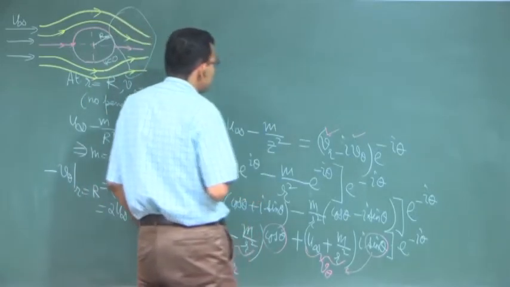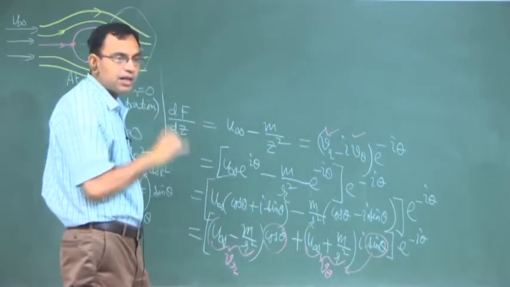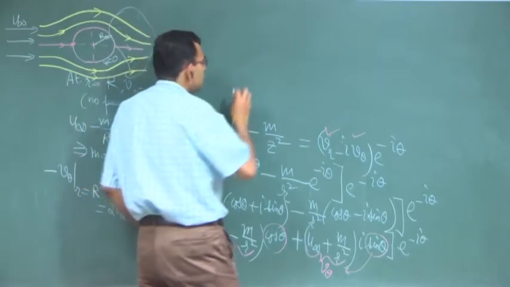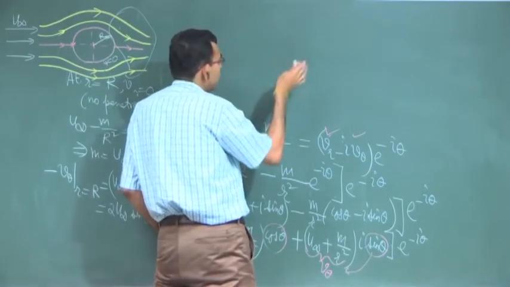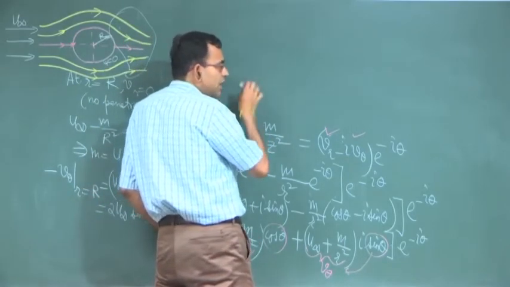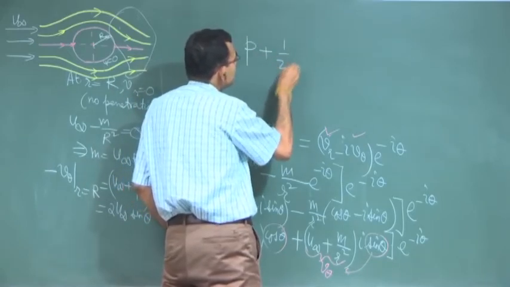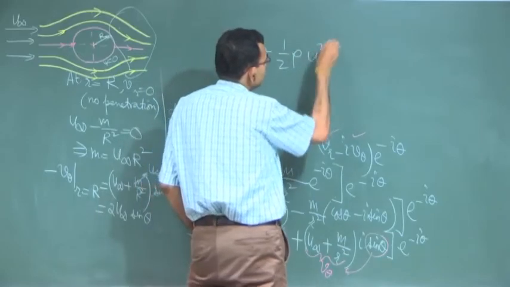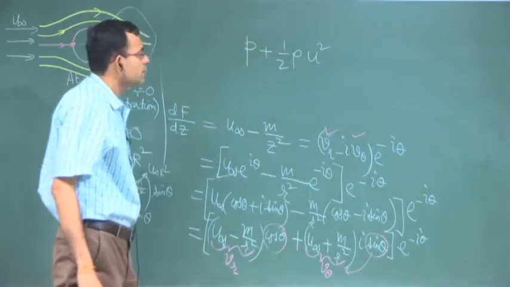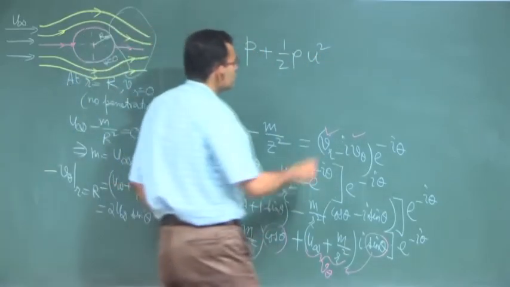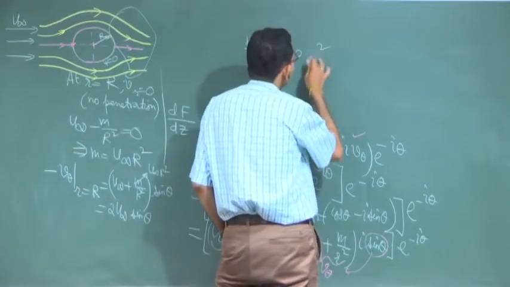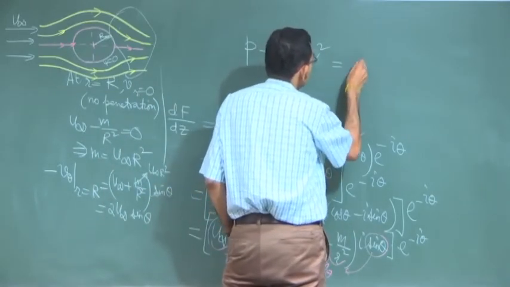So first of all it is a potential flow, and if density is constant and there is no great difference in elevation, then you have P plus half rho V square is equal to constant.